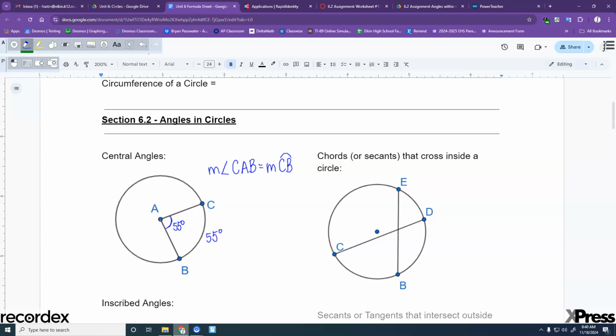And it might be a good idea to put ourselves a little note right here that says the central angles of a circle add up to, and what do the central angles of a circle add up to? 360 degrees.